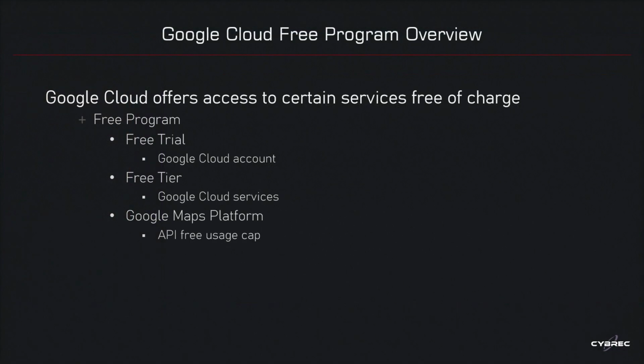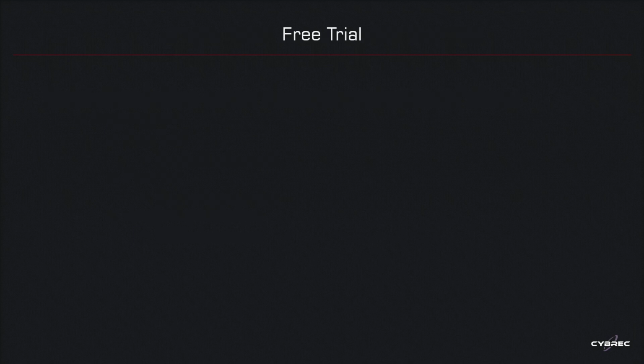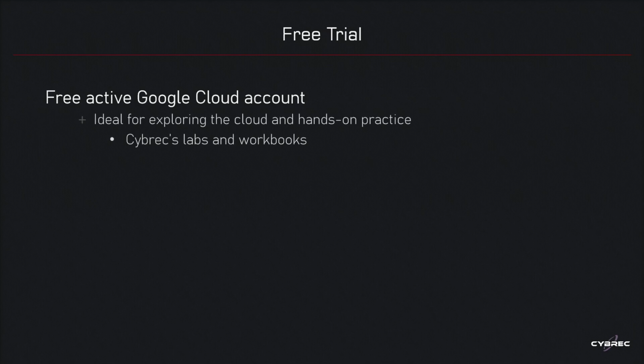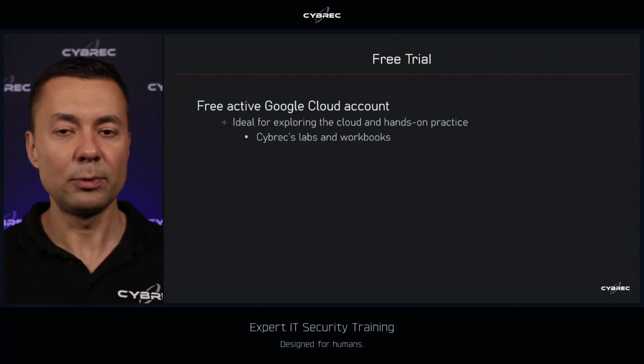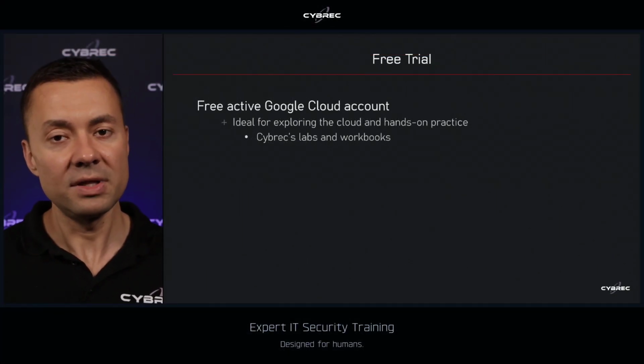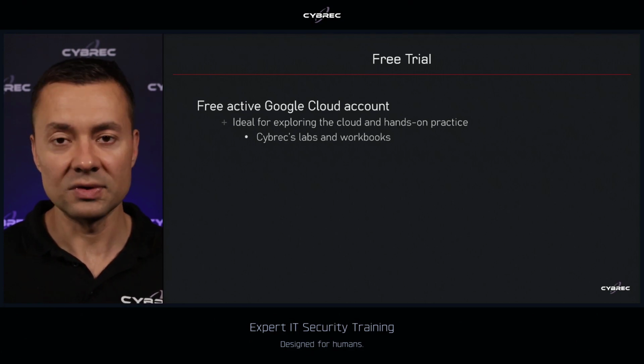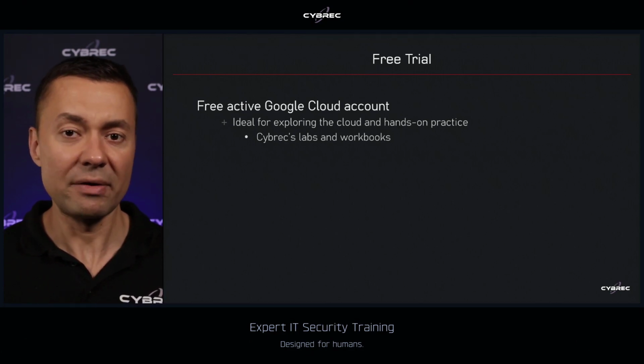Okay, so let's take a look at a free trial and free tier one by one and talk about the differences between these two portions of the Google Cloud free program. Free trial, as I said, is all about getting access to Google Cloud so you could explore certain cloud features, test their services, play with the different resources. You could deploy in the cloud, see how it works, and maybe try to connect the cloud with your on-premise network to see how everything communicates.